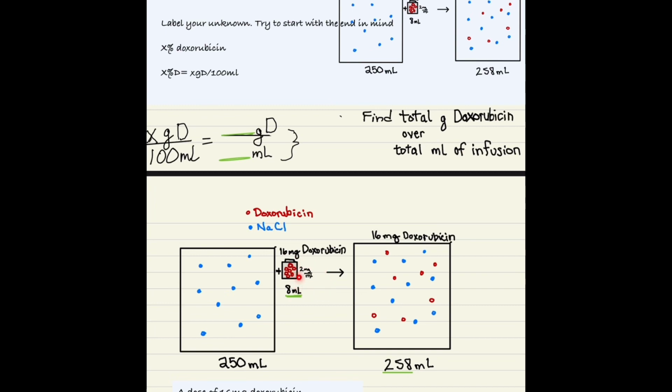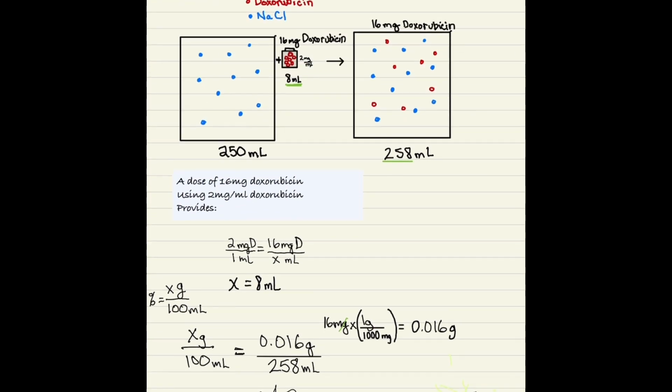Well, we know that it was 2 milligrams per mL. So I set up a proportion: 2 milligrams doxorubicin over 1 mL equals 16 milligrams over X. That is going to get me how many milliliters of doxorubicin it takes to get 16 milligrams. X is 8 milliliters. So I'm going to make a note of that. I put 8 milliliters up here.